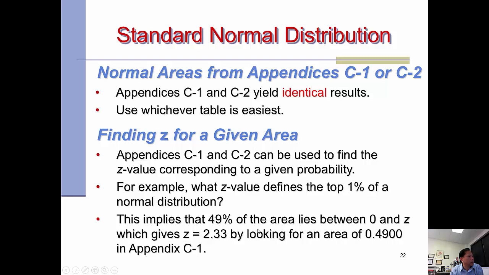Therefore, the Z will be 2.33. By looking for an area of 0.49 in Table C1, you find a Z score of 2.33. So you can find the Z score to get the probability or area, or you can use the area to find the Z score, using the same table.